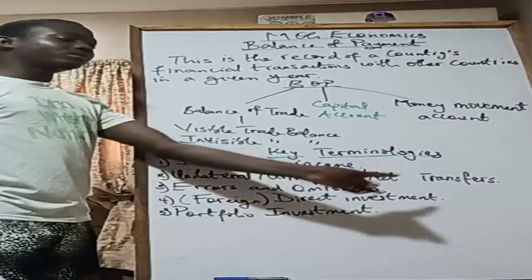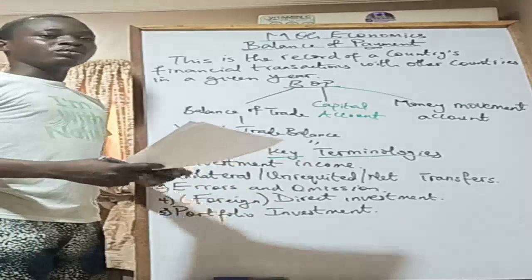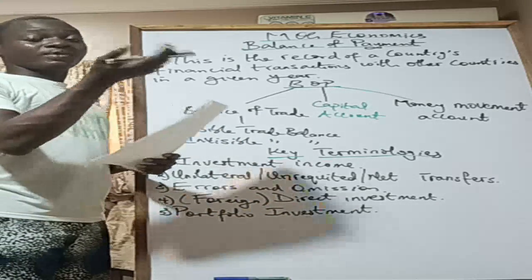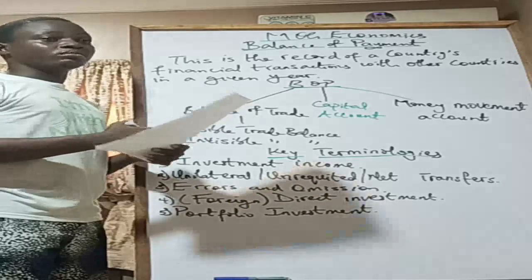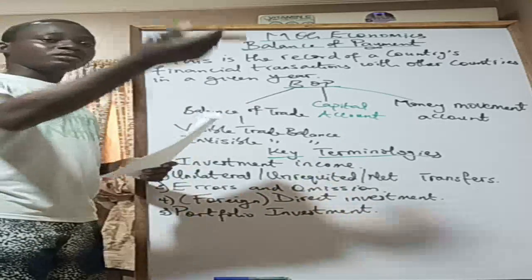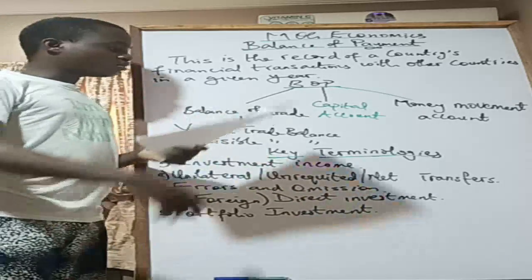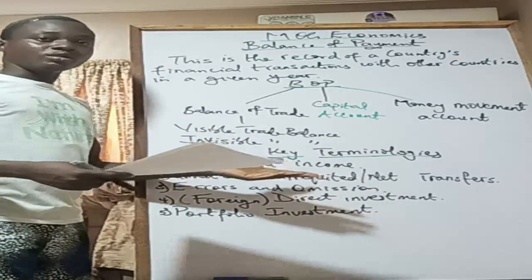So it becomes a net transfer when you take transfers received from other countries minus transfers sent to other countries. Let's say maybe grant received minus grant paid, so it becomes a net transfer.